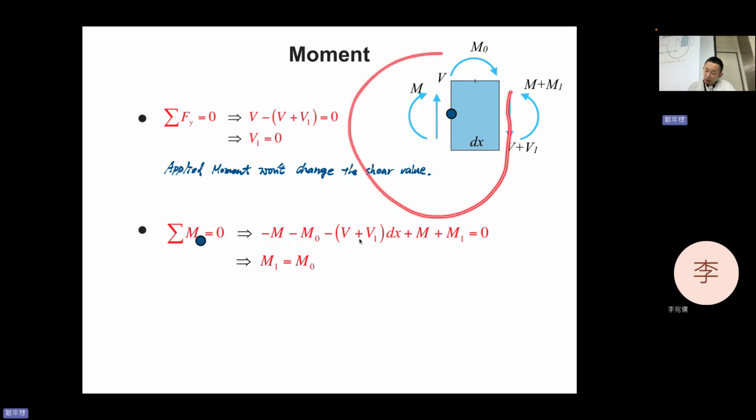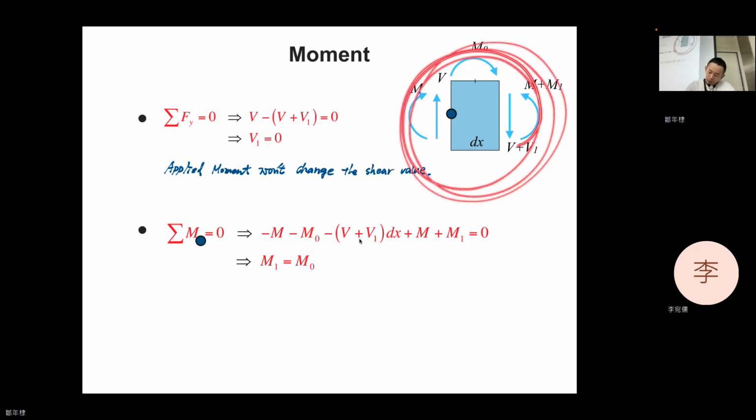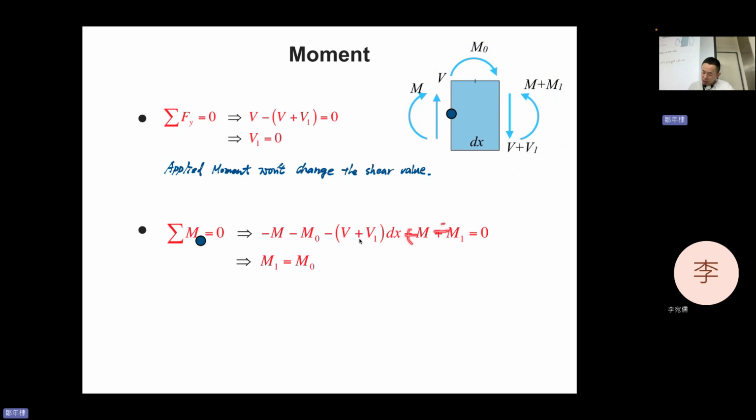And V plus V1 is counterclockwise minus, times dx, and M plus M1 counterclockwise plus, equal to 0. M1 equal to M0. This is our conclusion. The external M1 equal to M0. So M1 is the change of the M.